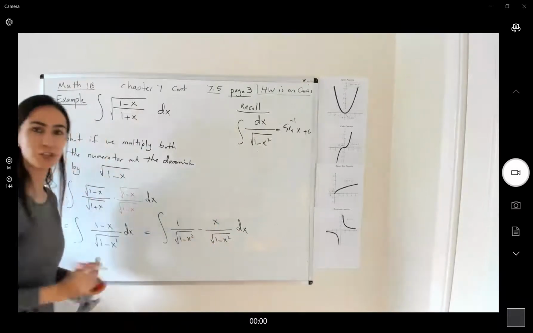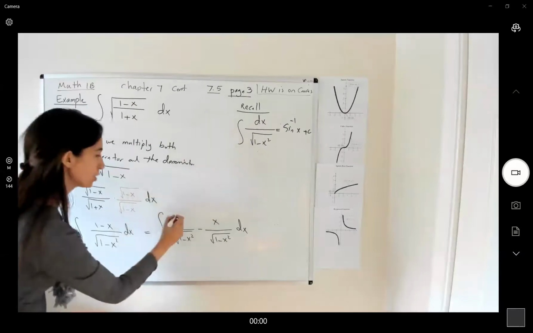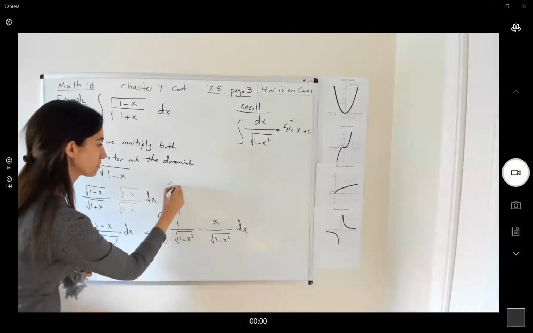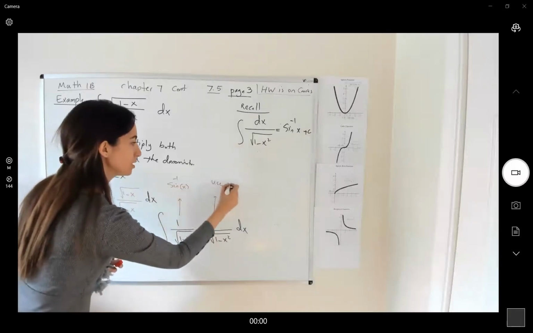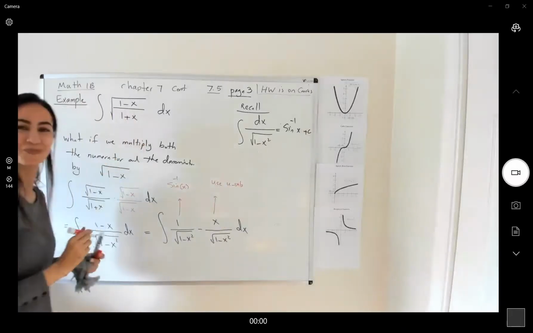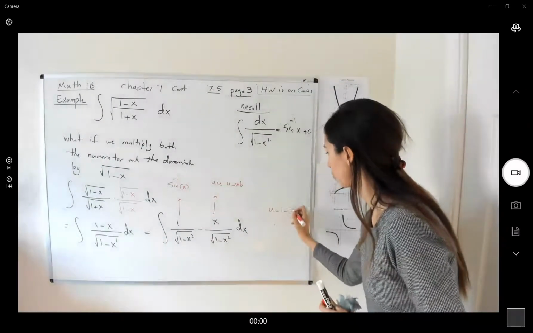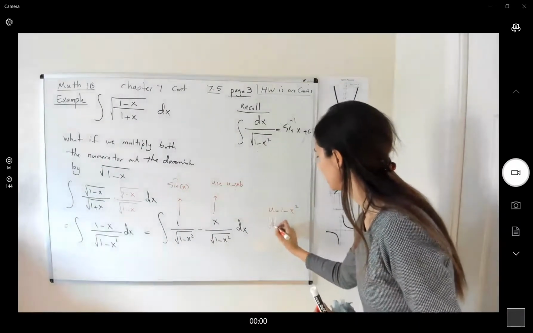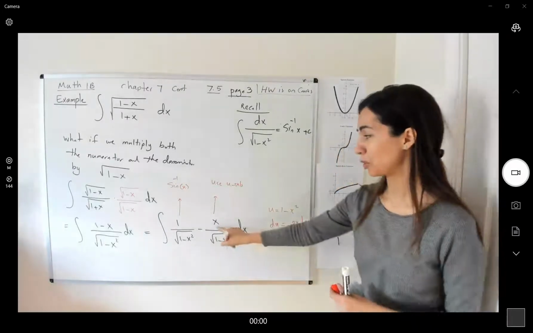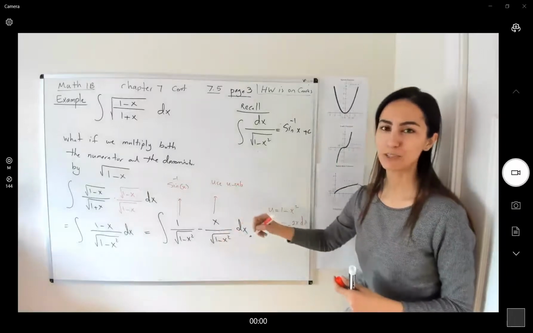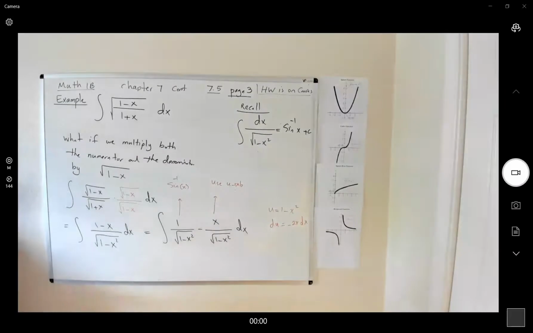For the second one, we can easily use u-substitution. So u is equal to 1 minus x squared, du is equal to negative 2x dx. You already have your x, so just multiply by negative 2, divide by negative 2.